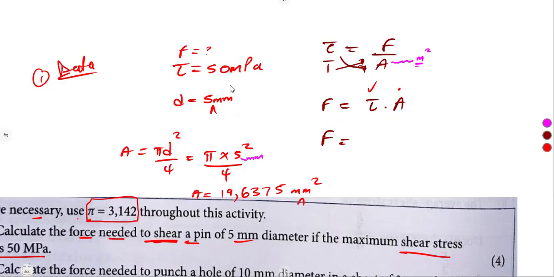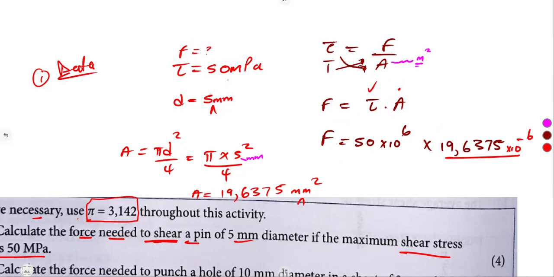The shear stress is given as 50 megapascal, 50 times 10 to the exponent of 6, times the area in meters, that's 19.6375 times 10 to the exponent of negative 6.